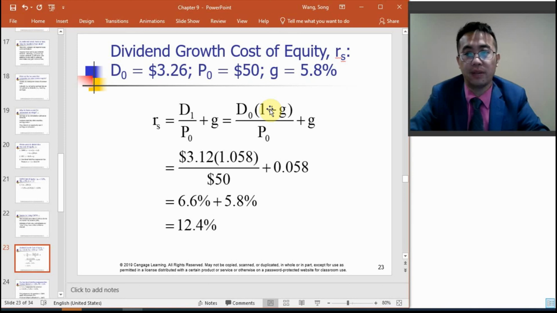So it's really about the timing of when the dividend is paid. So if it's dividend 0, then you have to calculate dividend 1 by multiplying dividend 0 times 1 plus G. All right. So with these numbers given, you should have no problems getting the final result. So just spend 2 minutes or so to verify this answer.